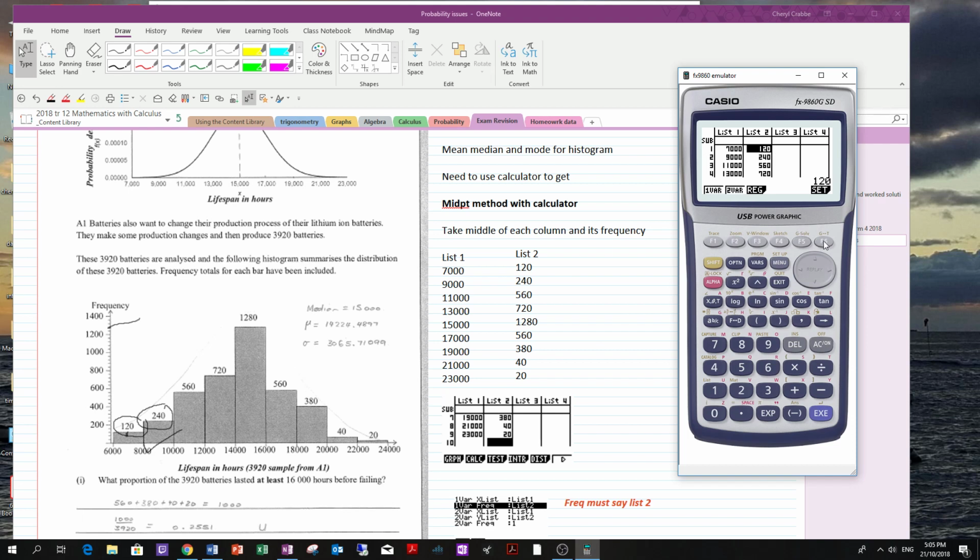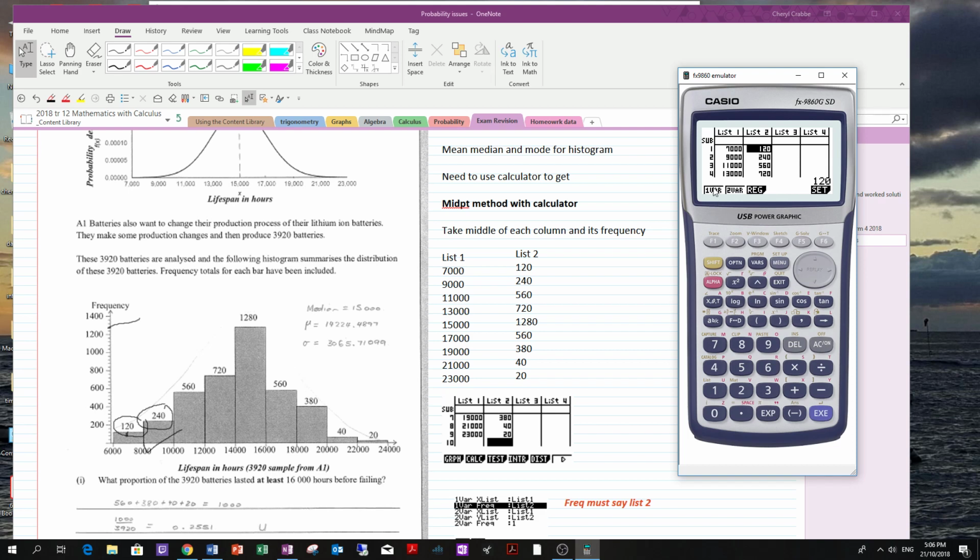and we're going to have to set up our calculators and make sure that the first variable, which is our X list, is list 1, and the one var frequency says list 2. The rest aren't important, but it is very important that it looks like this. Then you hit enter, and you'll have a window that looks like this.